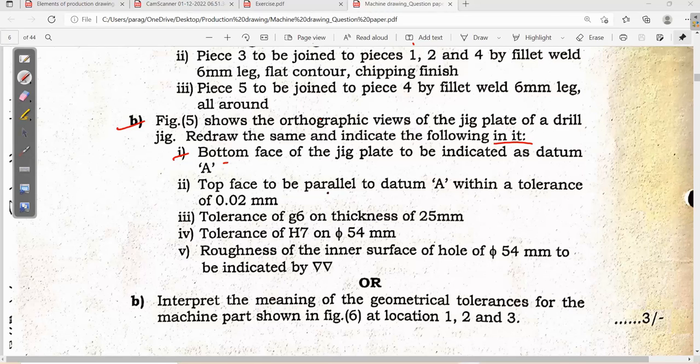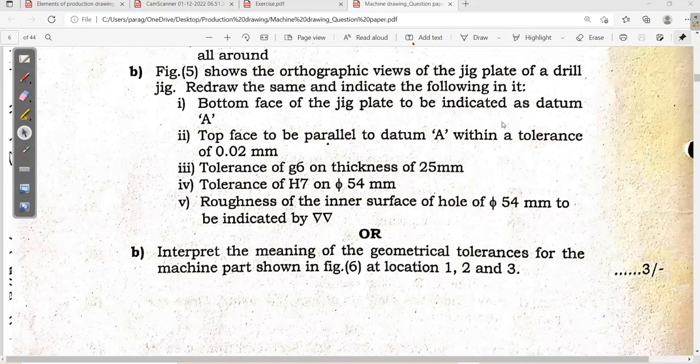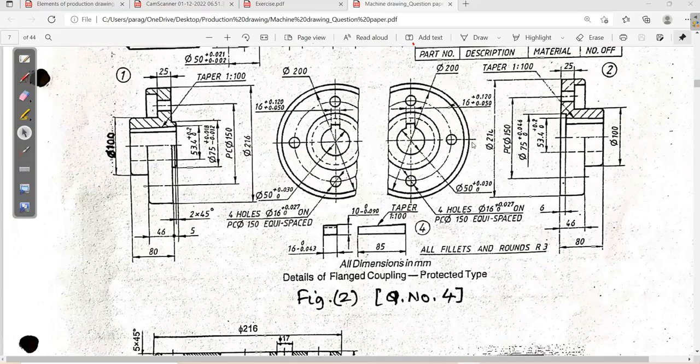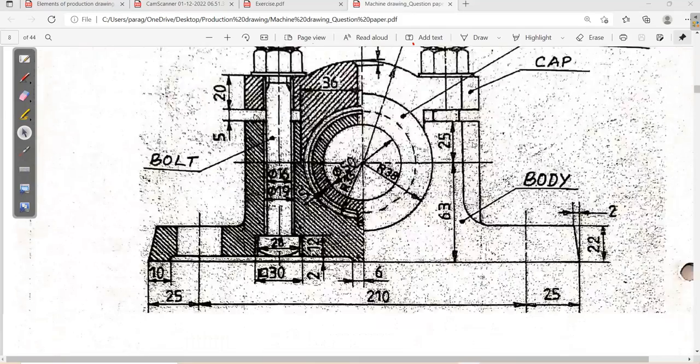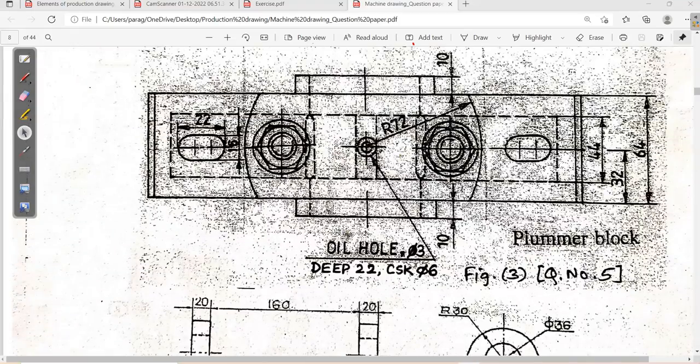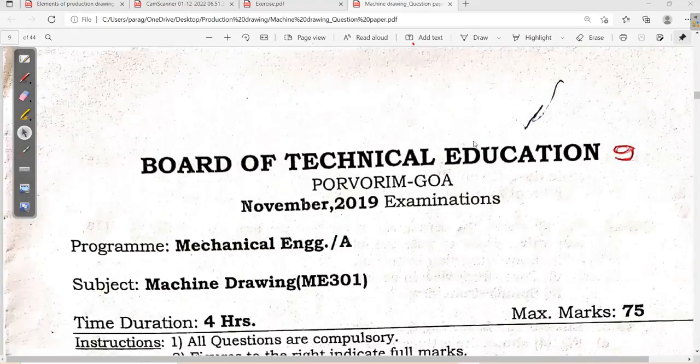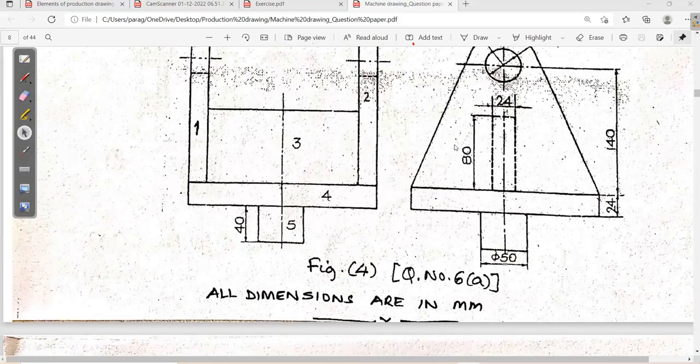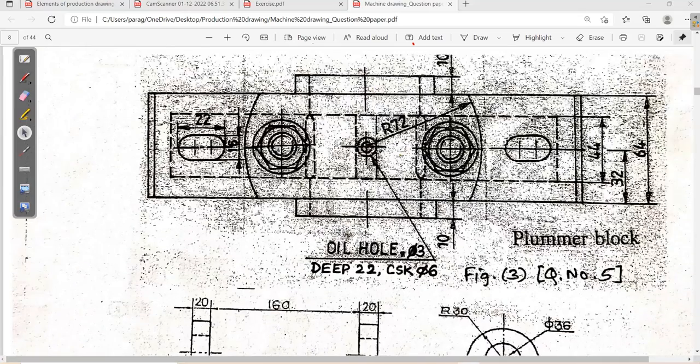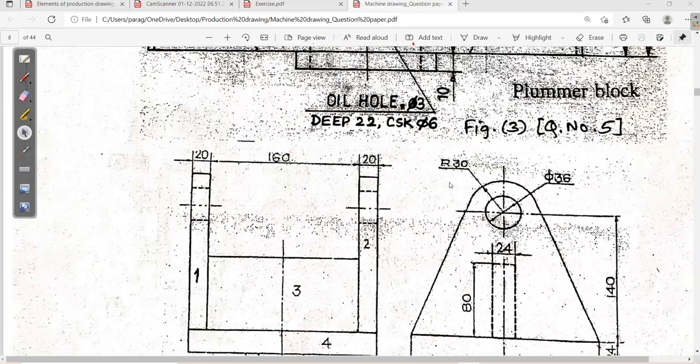At the first point, bottom face of a jig plate to be indicated as a datum A. Figure 5, question number 5.